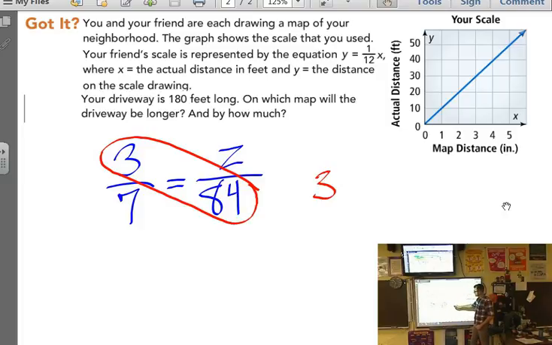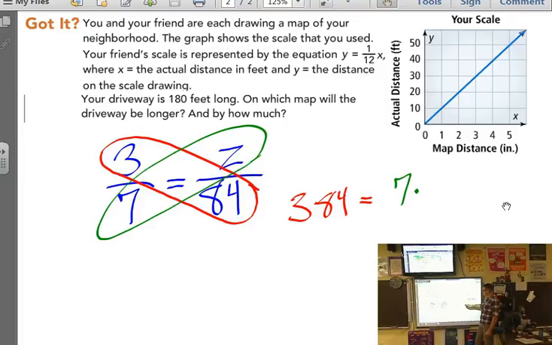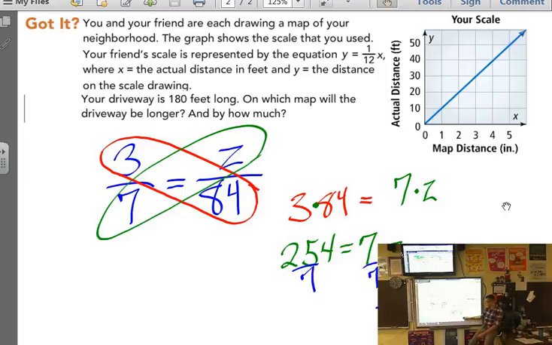So we would get 3 times 84 equal to the other cross-multiplication of 7 times z. So then 3 times 84, let's do that multiplication, 240 plus 252. We then have to get rid of the 7 because we want z by itself. We're going to divide by 7 to get the z by itself. And I would get that z equals 36.